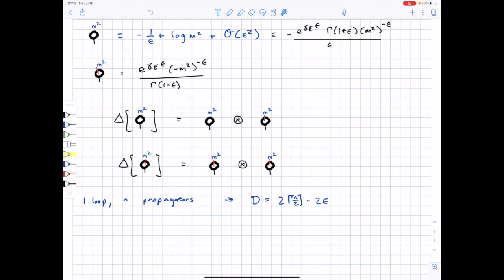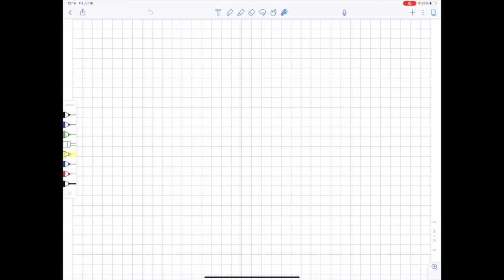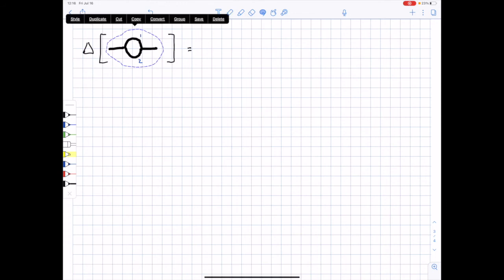Let's go on to a bigger example, which is a general bubble, one with generic masses on both propagators. Let's label these propagators 1 and 2, so we can keep track of the different masses. We'll evaluate its coaction, first of all, in terms of diagrams. In terms of diagrams, we'll predict the same kind of structure we saw earlier.